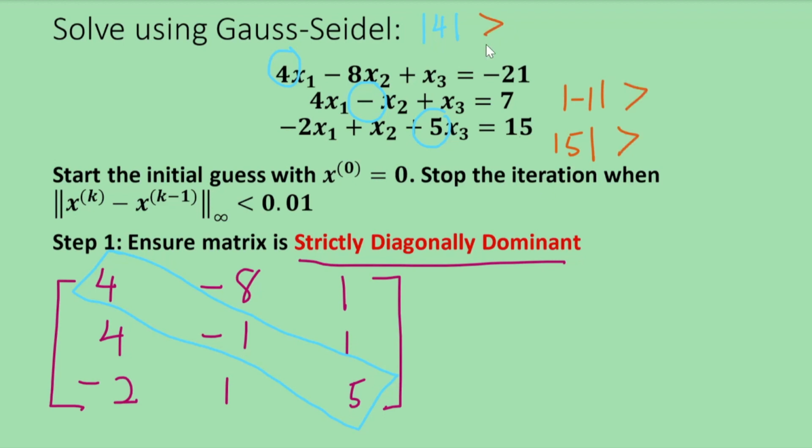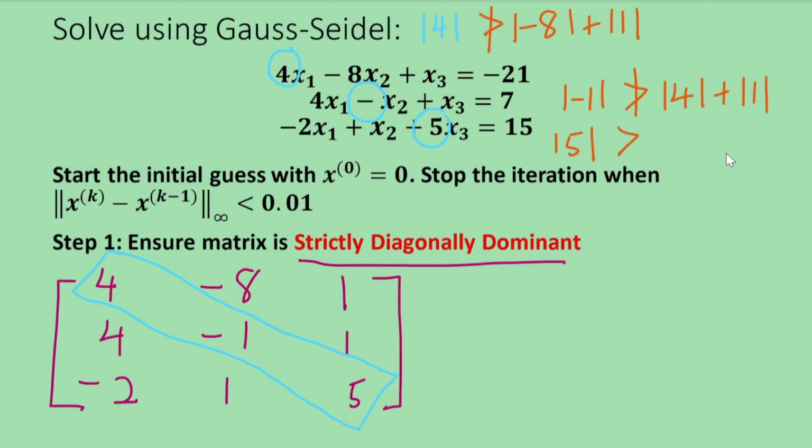in the row. So the magnitude of 4 must be larger than the magnitude of negative 8 plus the magnitude of 1 here, which is not true, right? Magnitude of negative 1 here must be greater than the magnitude of 4 plus magnitude of 1, which is untrue as well.